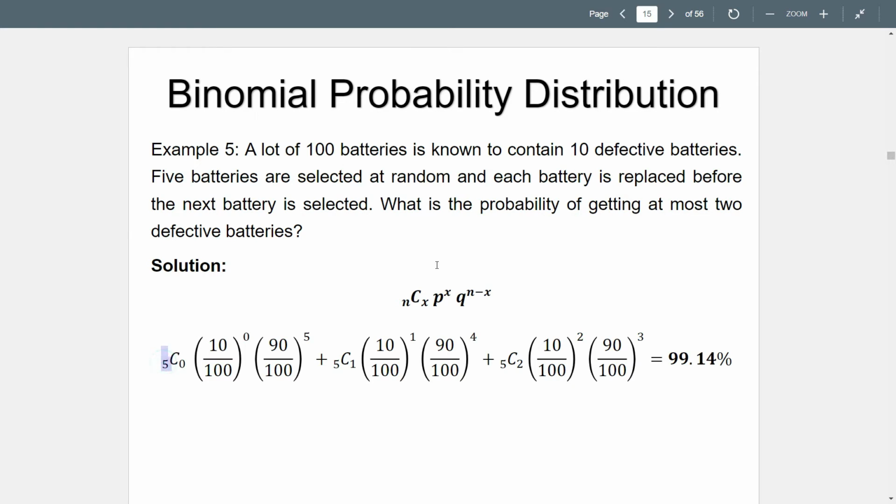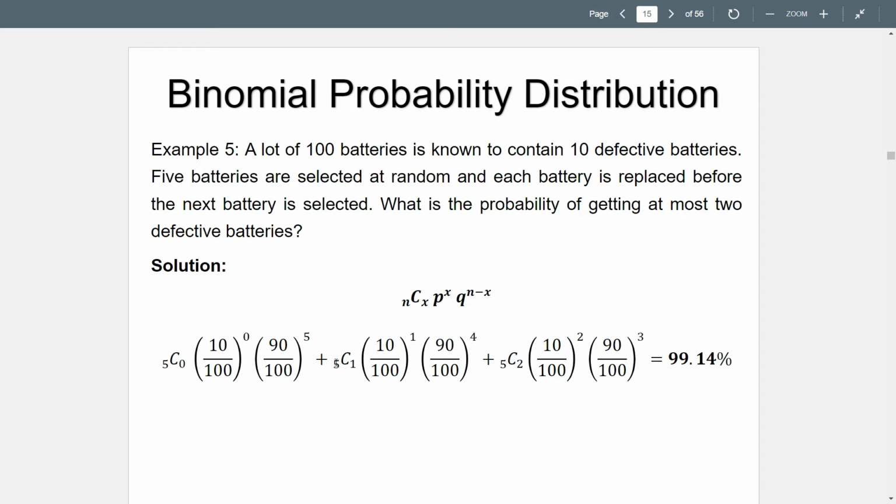So n is 5, so 5 of the batteries are selected. Let us consider no defective, so x will be 0, and 10 defectives out of 100 will be your probability of success, and then 90 out of 100 will be your probability of failure, raised to 5 minus 0, which is 5.